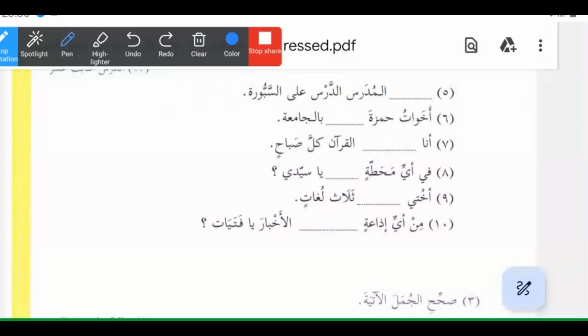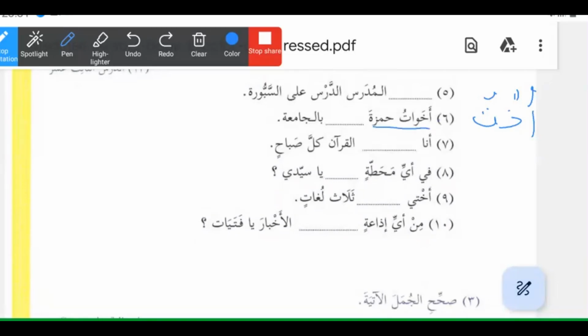Now, akhawat. Akhawat is the jama for ukhtun. Once it comes, ukht means it's a female, it's a jama. And again, akhawatu Hamzata, it's a third person. Akhawatu Hamzata bil jamia, sisters of Hamza.